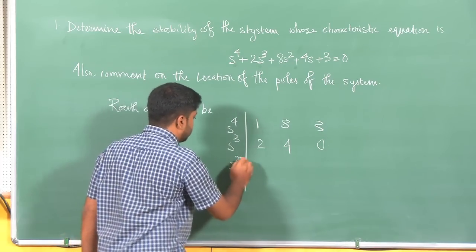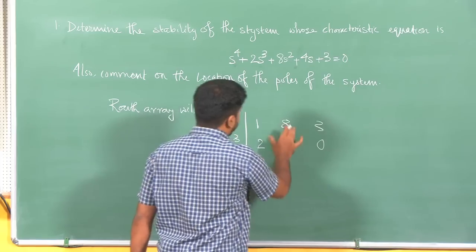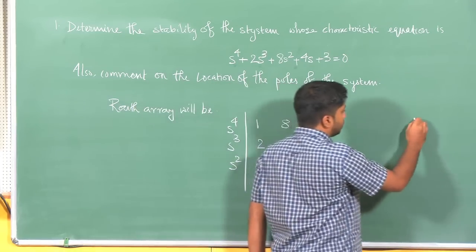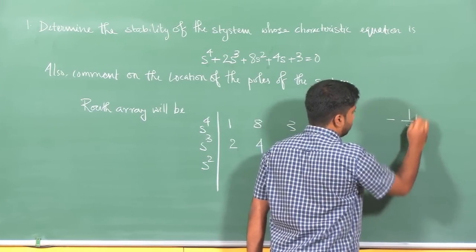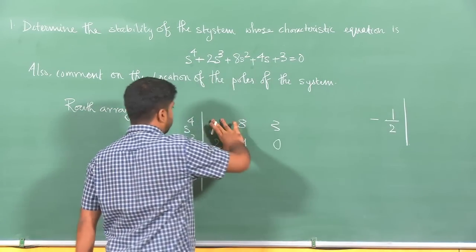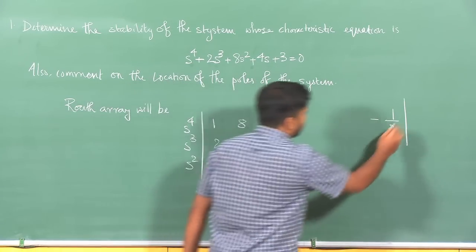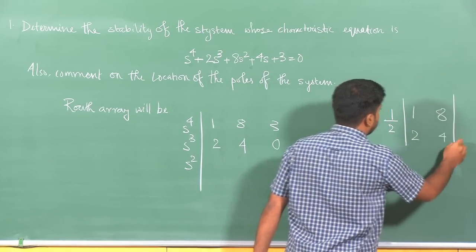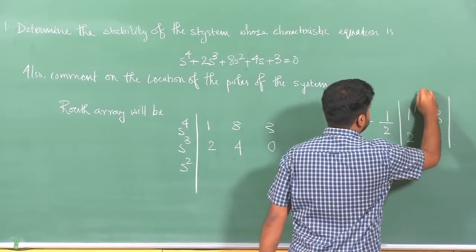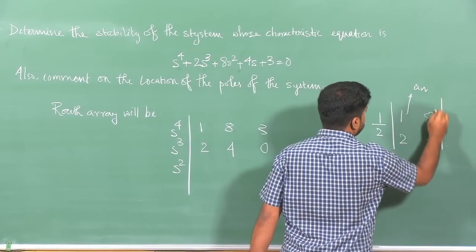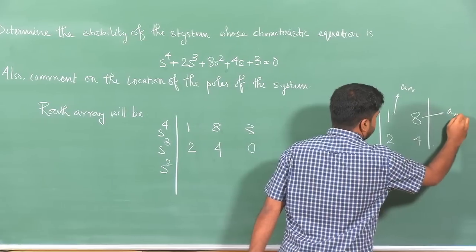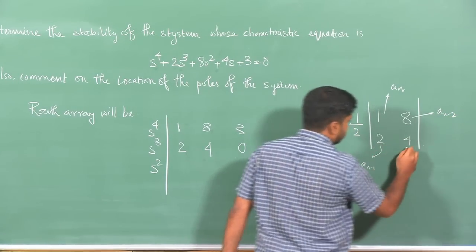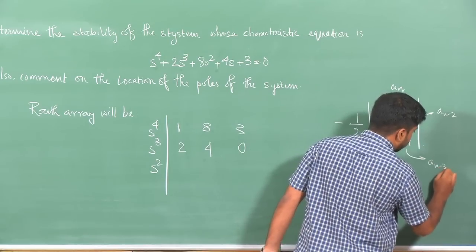As we saw, this term comes from multiplying this 2, minus multiplying this 2, divided by this factor. We can do it this way: take this as a determinant, 1 by 2 times the determinant with 1, 2, 8, 4. What we are doing basically is, this is a n, this is a n minus 2, this is a n minus 1, this is a n minus 3.